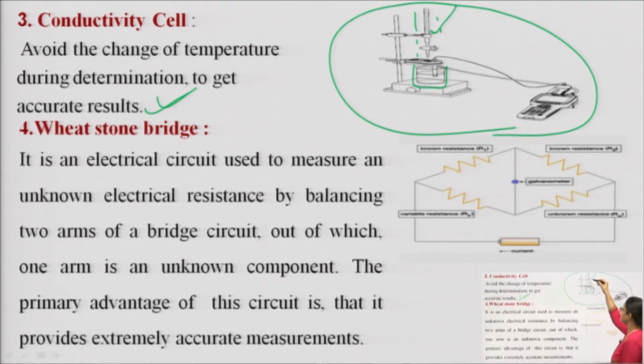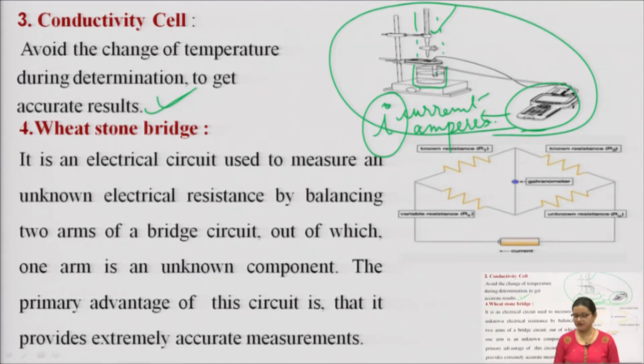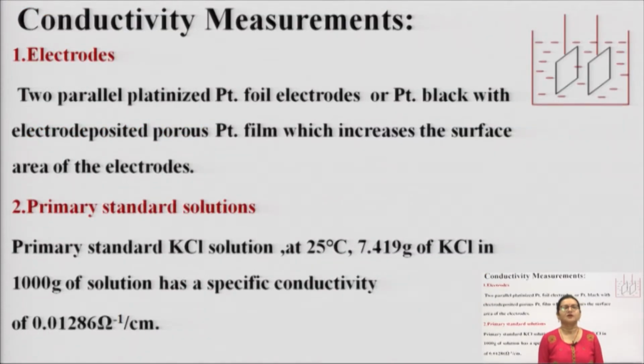This is the titrant which is being added. These are the two electrodes, and this is the instrument which measures the current generated in amperes. So, this is the total assembly of the conductivity cell having electrodes.